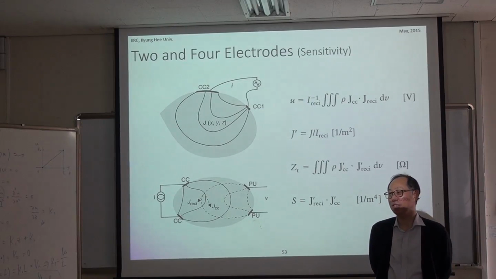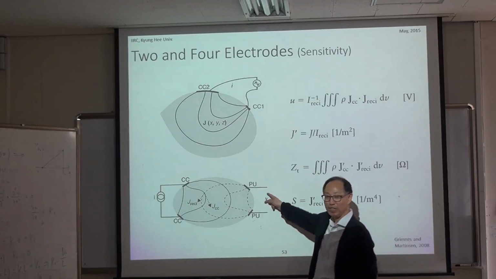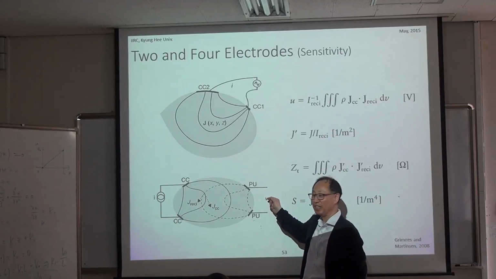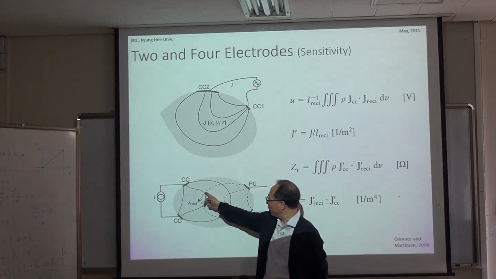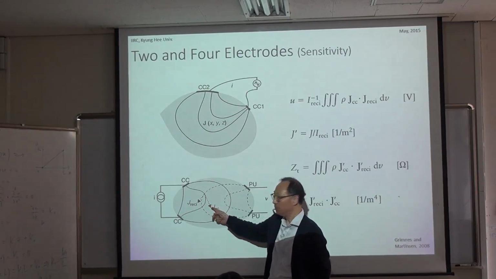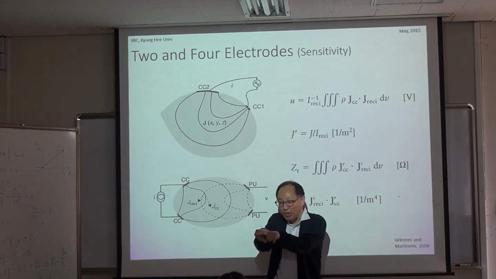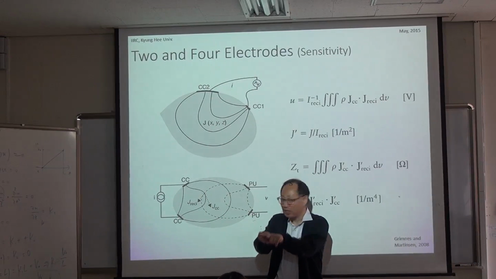So the inner product between those two current density distributions will give us the measured voltage here, right? At this point, we have positive sensitivity, even though their angle is not zero. Yeah?